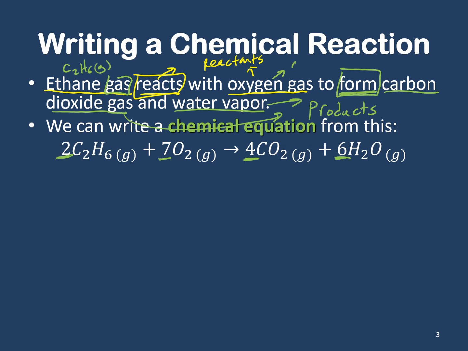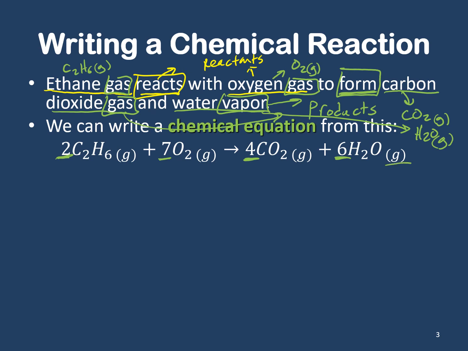Oxygen we know is a diatomic element, so it's O2 parentheses gas, again because we're told that's in the gaseous state. Carbon dioxide, we know from our naming system, is CO2, and it's also a gas because of the word gas here. And water, hopefully you know that water is H2O, and because of the word vapor, we know that it's also in the gaseous state.